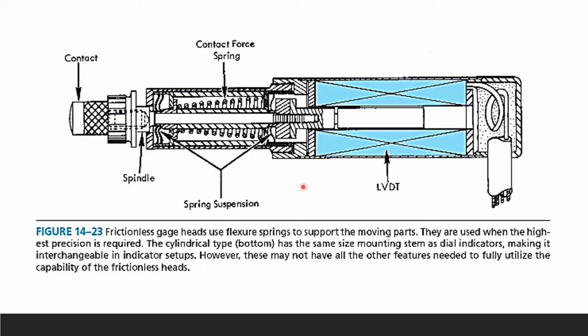The cylindrical type bottom has the same Zeiss mounting system as dial indicators, making it interchangeable in measurement and indicator setups. However, these may not have all the other features needed to fully utilize the capability of the frictionless heads. So here that's your contact and that's your spindle.